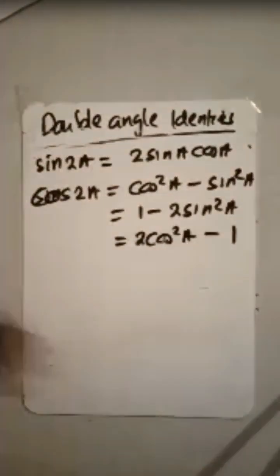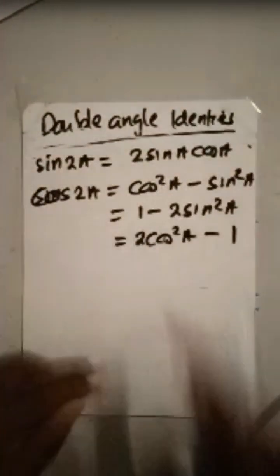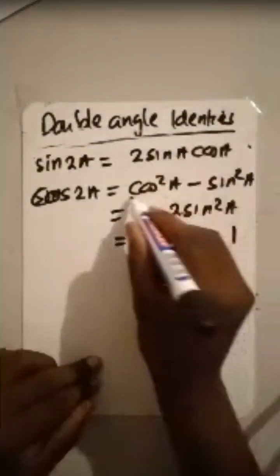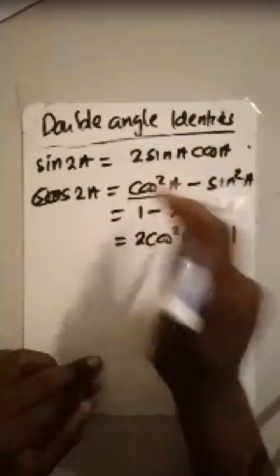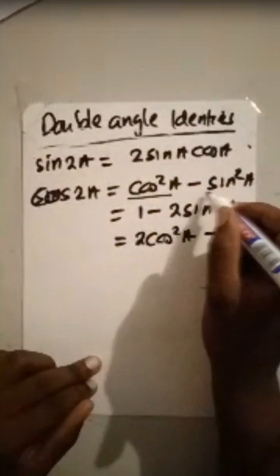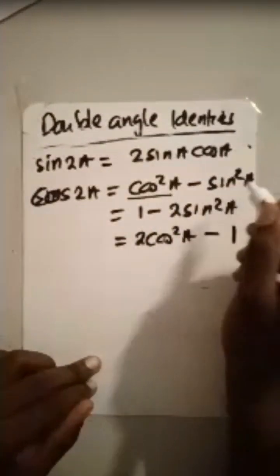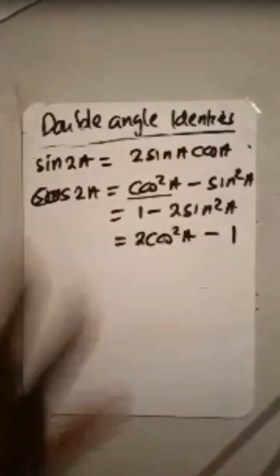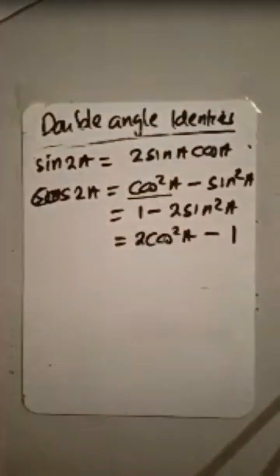And I've shown where it comes from. It comes from the double angle identity, whereby you replace this one by 1 minus sin squared A, or whereby you replace this one by 1 minus cos squared A. Then you get your double angle identities.